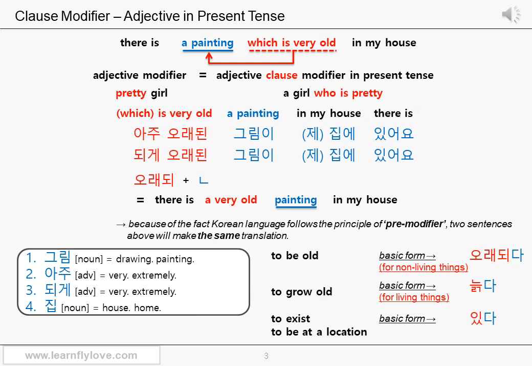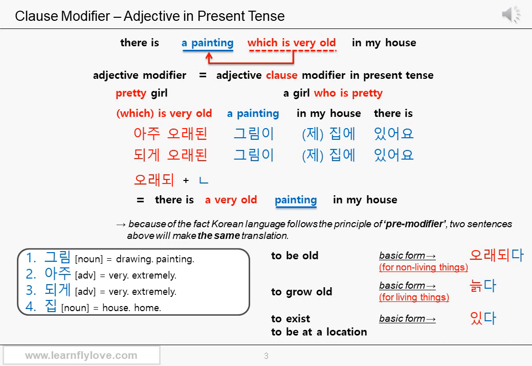There is part is used to mean to exist or to be at a location. So the entire there is part is going to be a predicate. Therefore, let's put the entire there is part at the end of the sentence. In my house part is a place-related one, so let's put it right before the predicative part there is.